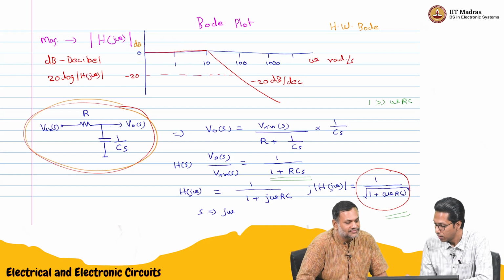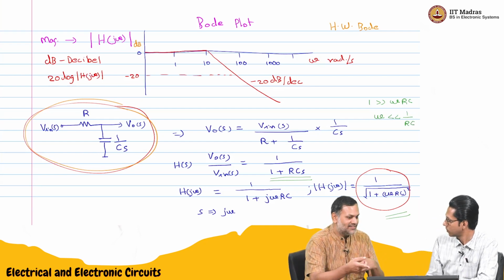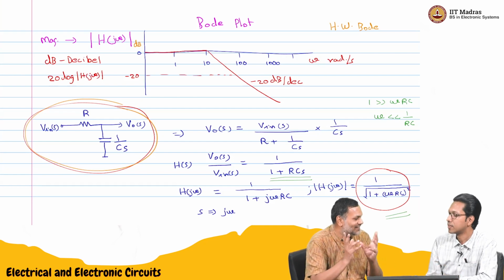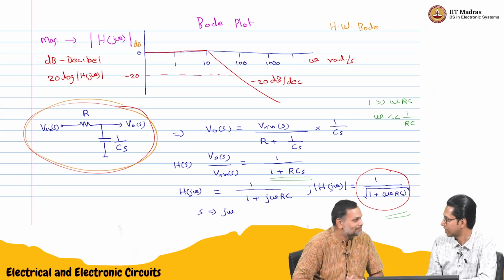And this also means omega is very low compared to 1 over RC. So the RC time constant is the inverse of this point, the Bode corner point.